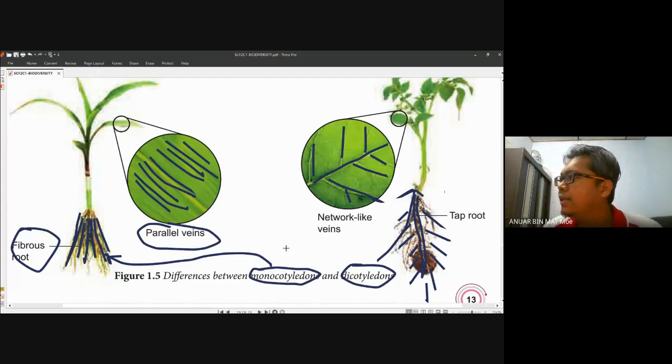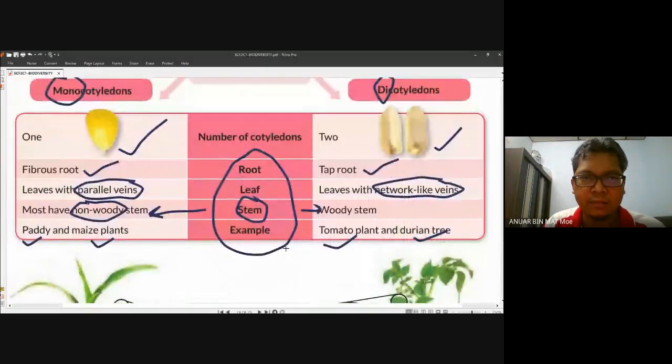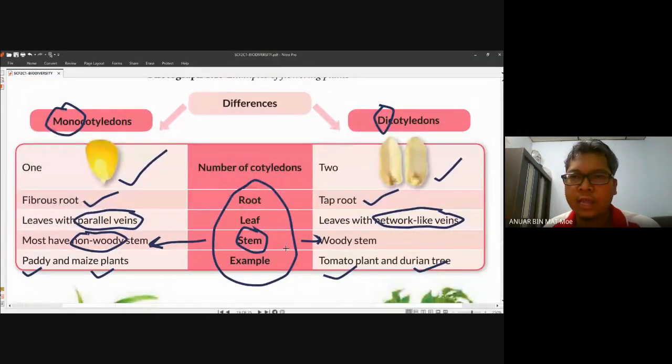So make sure you understand, make sure you can compare and contrast or differentiate the many categories or characteristics of the plant here. Mainly this one, the difference in monocot and dicot.